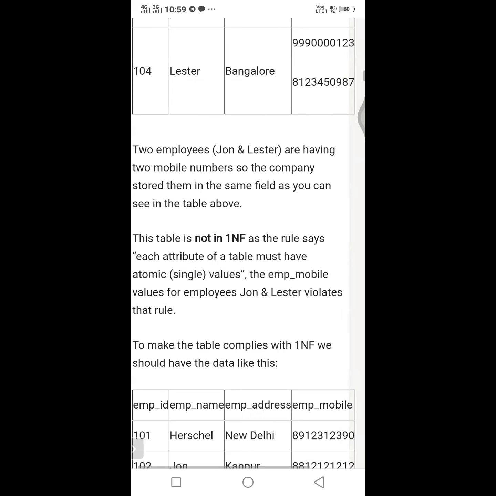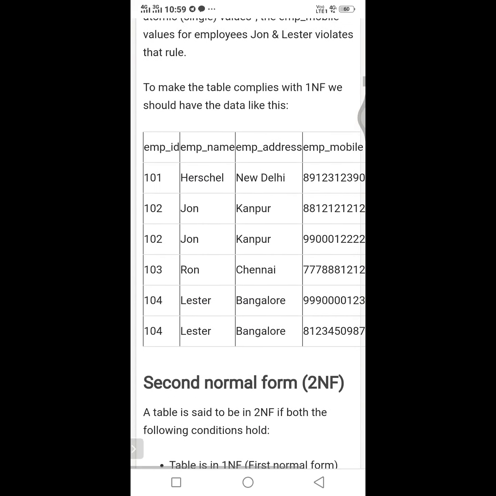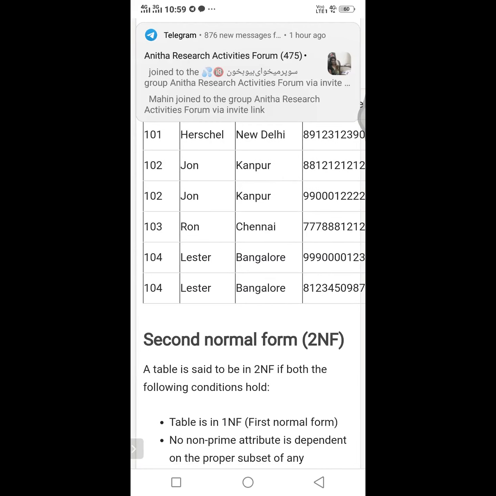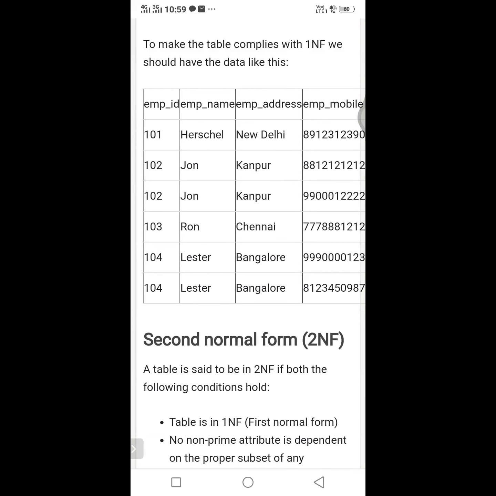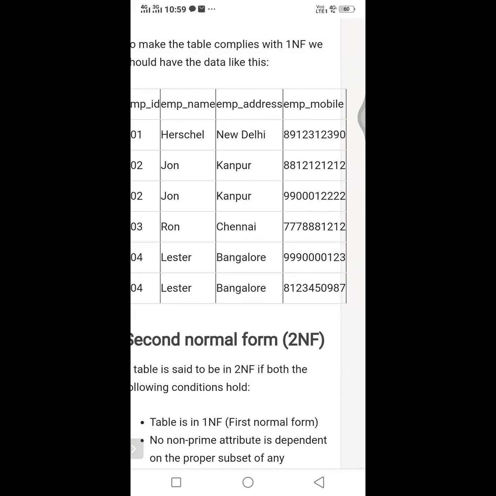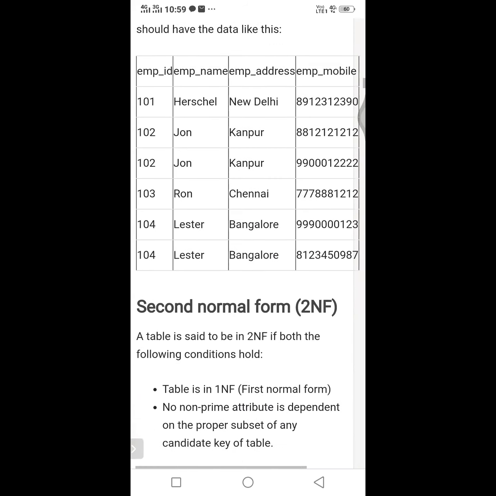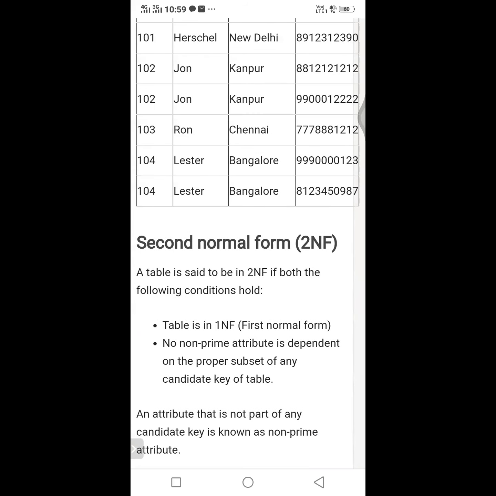Please observe this: 101 has one number, 102 has two numbers, but we write it two times. In the same way, 103 has one number, 104 has two numbers. In that manner, we consider the atomic values. That means we should consider only one value for one attribute, and we are not accepting null values. So that is nothing but the first normal form.